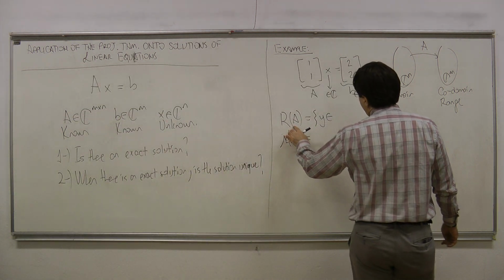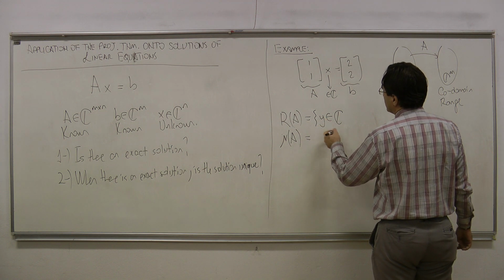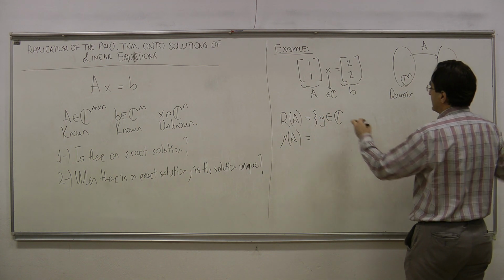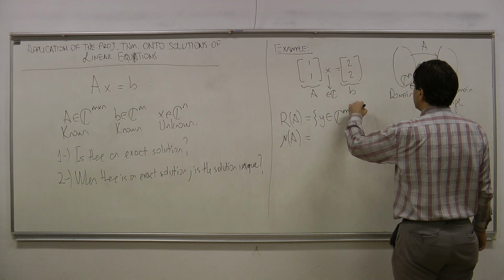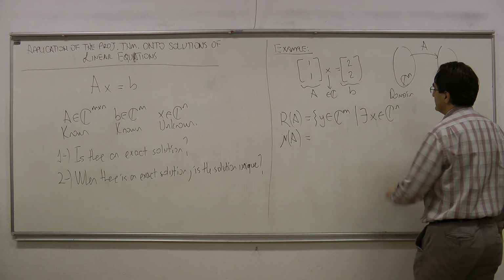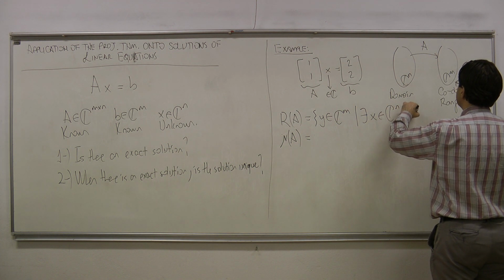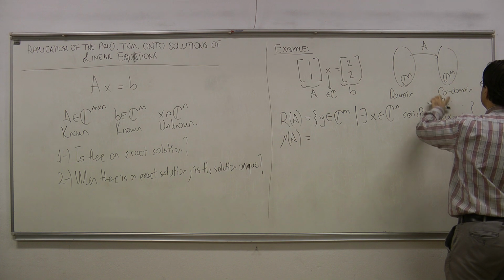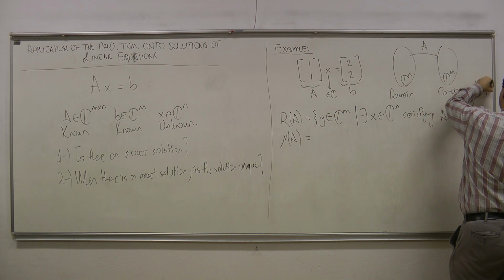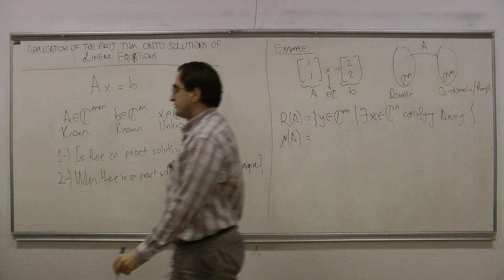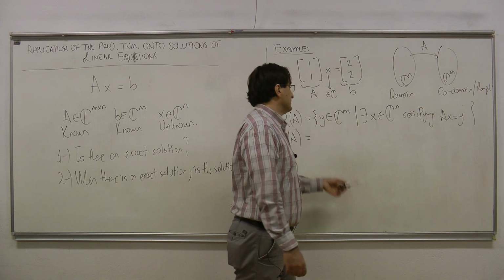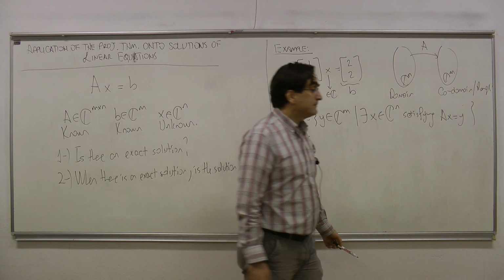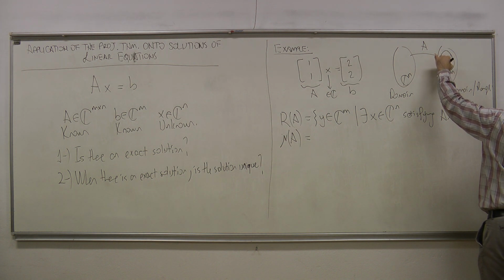So the range space of A is a subspace composed of elements inside the codomain, in Cm, such that there exists X in Cn, the domain, satisfying Ax equals Y. So the range space of A is the set of vectors inside the codomain such that there exists X in the domain which would be transformed into Y. The range space of A is a subspace of the codomain.